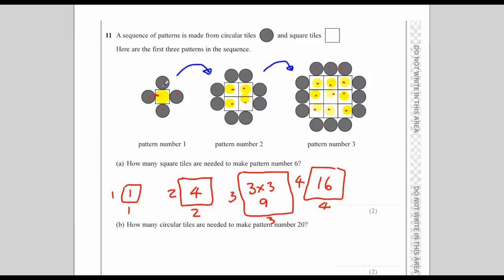1 for each side. Okay, now the number on each side here is 1, so it's that times 4. 1 times 4. The number on each side here is 2, so it's 2 times 4. 1, 2, 3, 4.